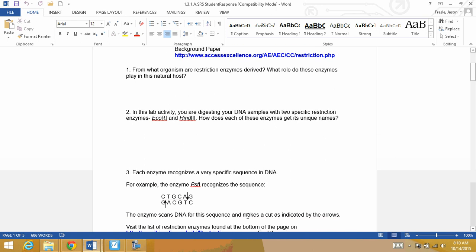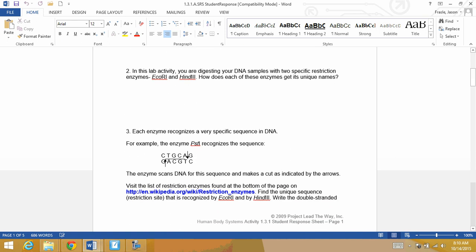Now, if we go down here to number 3, every EcoRI has a specific, they're called target-specific areas. When you guys take medication, when you guys take flu medication, if you guys are taking alcohol, it always goes to a certain spot. It's going to have a target spot. Cancer drugs go to certain cells.